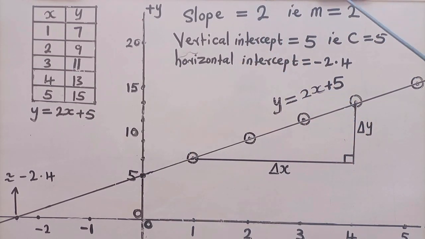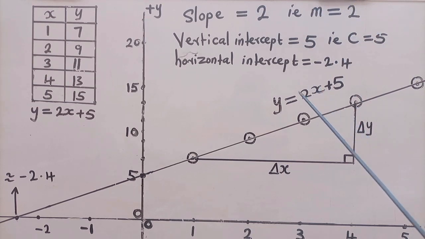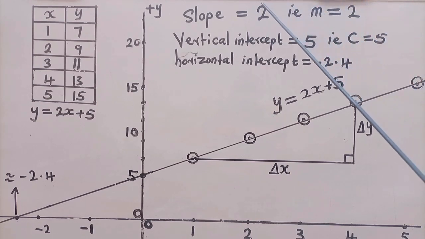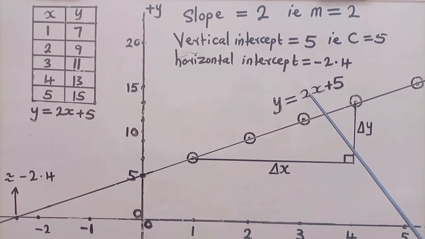Now, let's compare these values we got, especially the slope and vertical intercept, with the equation we had gotten earlier from the table. From the table, we got y is equal to 2x plus 5. And now, from the sketch, we got that slope is 2 and vertical intercept is 5. Could it be that this 2 is this and this 5 is this?